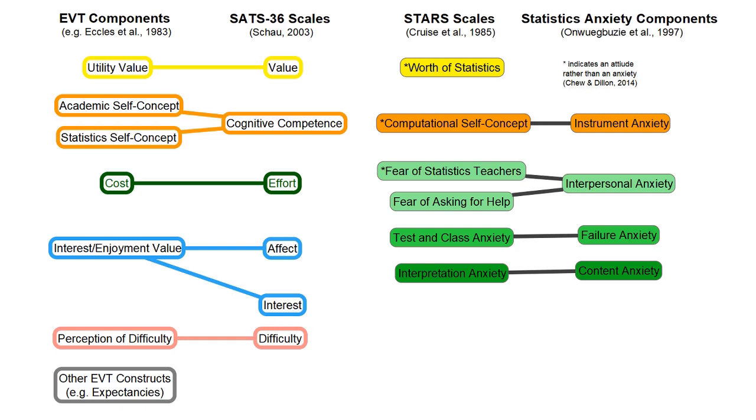And the fears and anxieties from the STARS, I believe that they are a type of cost within the EVT component. Now, that's not effort. I think effort is something different, but it's also a type of cost. So I think that the STARS and SATS 36 both are assessing some type of components of similar or related constructs, more closely related than people have previously recognized.